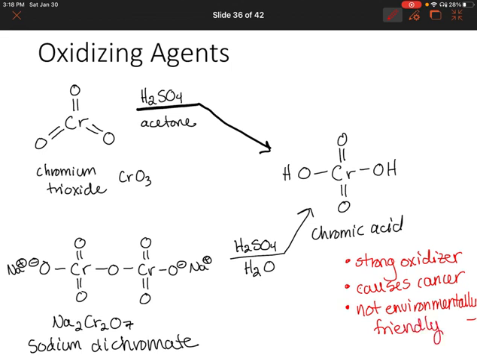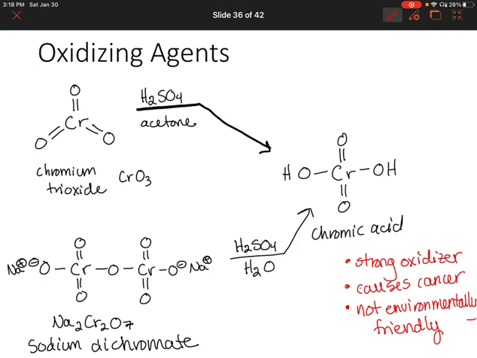So later on, we'll talk about some other reagents we could use instead. But you should still know this reagent because you might see it on, for instance, a standardized test in the future. So just want to make sure you're aware of it.